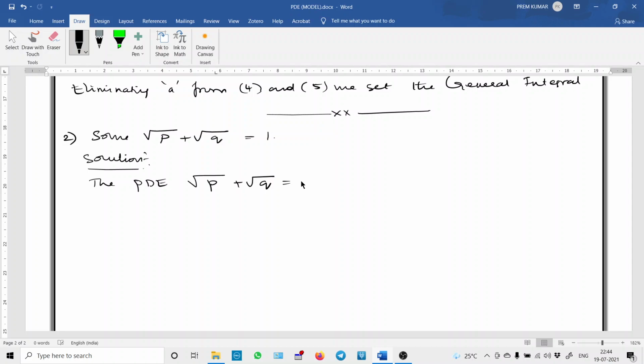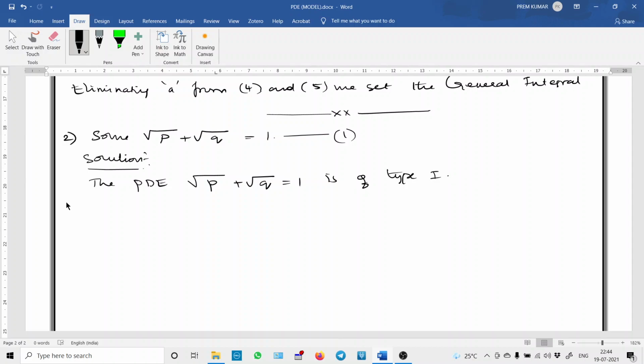I name this as the first equation. It is of type 1 PDE because it is involving only p and q, a function of p and q. So the PDE is of type 1.